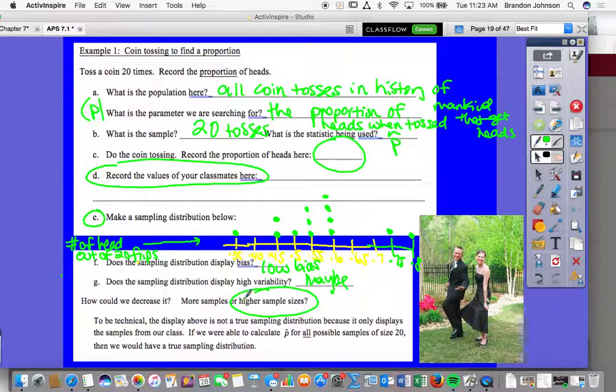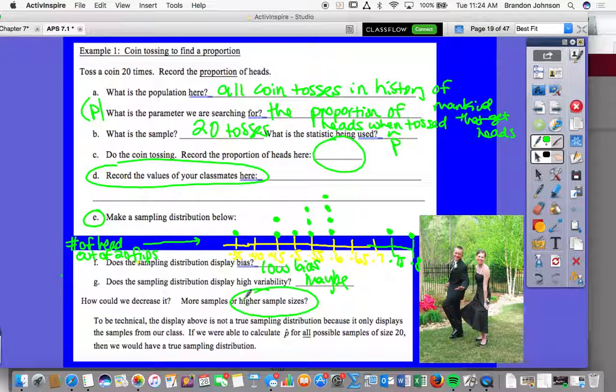Also, someone explain to me, I said this yesterday a little bit, why is this right here not a true sampling distribution? Student: Because it only displays the sample of our classroom and not the entire. If you did all coin tosses, that would be a true sampling distribution. Correct.